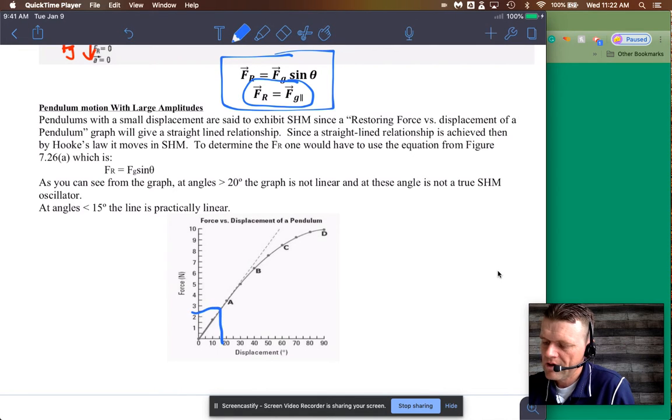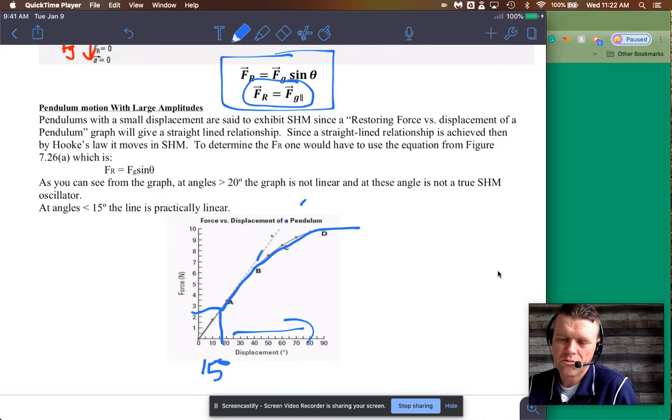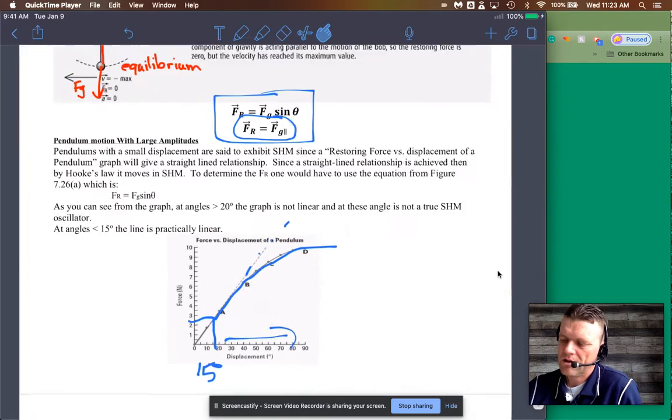But you get past 15 degrees, and then the restoring force doesn't follow a straight line like you would expect it to. So pendulums only follow the laws of simple harmonic motion if you displace them less than 15 degrees. And potentially in another video I'll show you how that works. But you'll see that in the questions.